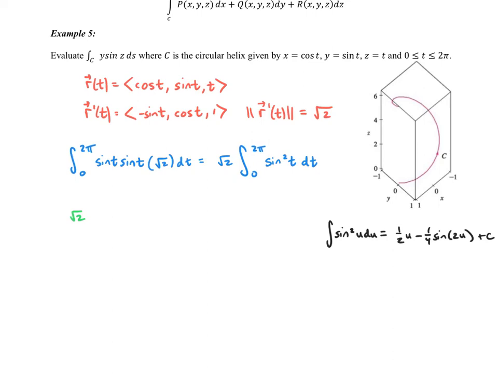So what we have is the square root of 2 times 1/2 t minus 1/4 sine of 2t, and we're going to evaluate this from 0 to 2 pi.